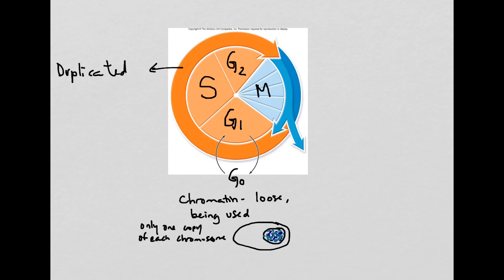Each new DNA molecule is composed of half of the old DNA and half of new DNA. So we've got these duplicated chromosomes, and they like to hang out together. They will be organized. This cell knows that it's going to go through cell division, so it's beginning to organize itself. Just like if you are planning on moving out of your house, you organize your stuff and start packing it up. So that's what's happening here.